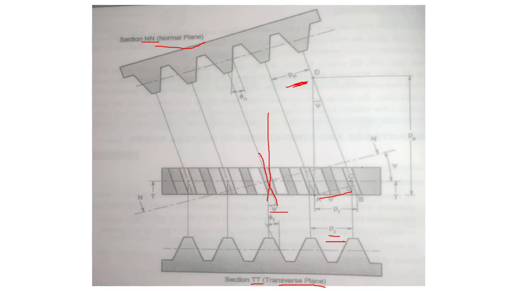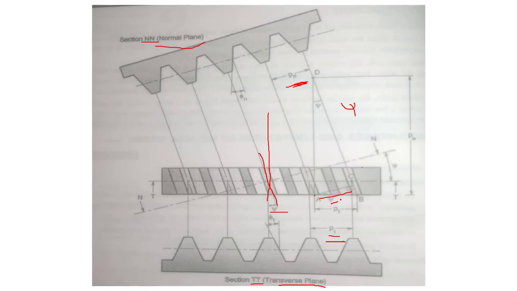So we will consider this triangle A, B and C, in which C is the right angle and angle A is psi. Psi is used for the helix angle.